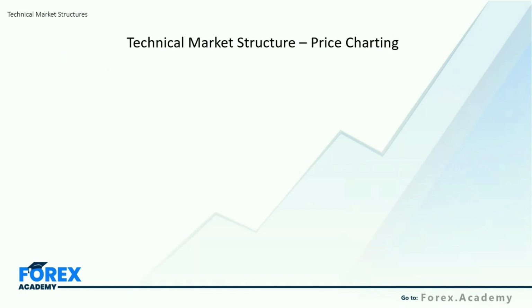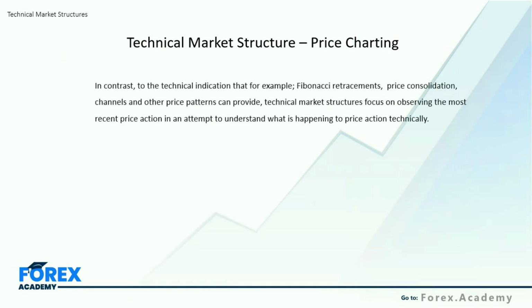So let's look at the principle of technical market structure from a price charting perspective. Technical traders can use a whole variety of indicators, for example Fibonacci retracements, or they can look to identify price consolidation and channels, and other price patterns can also be provided. Now, technical market structures focus on observing the most recent price action in an attempt to understand what is happening to price from a technical perspective.